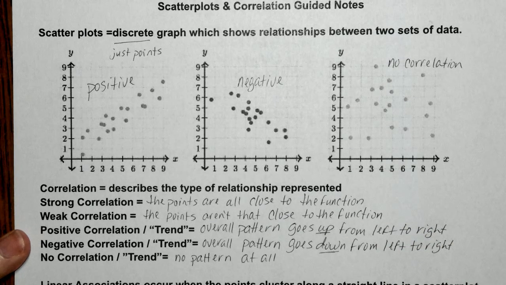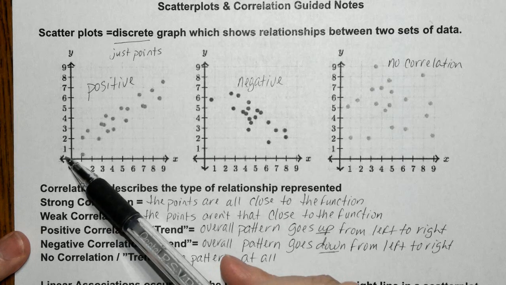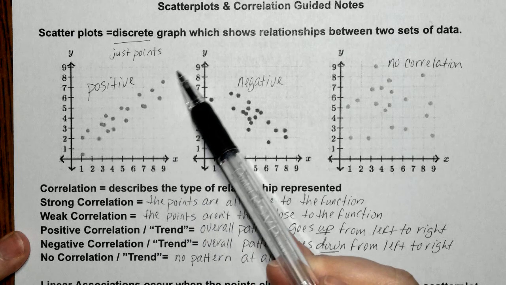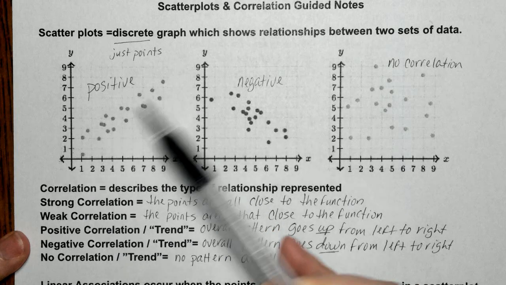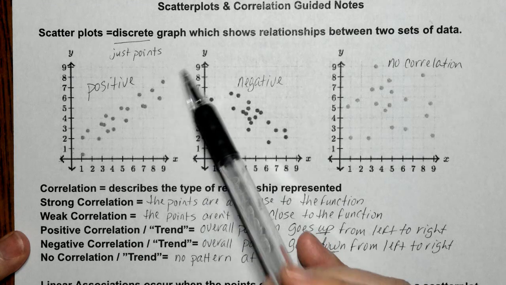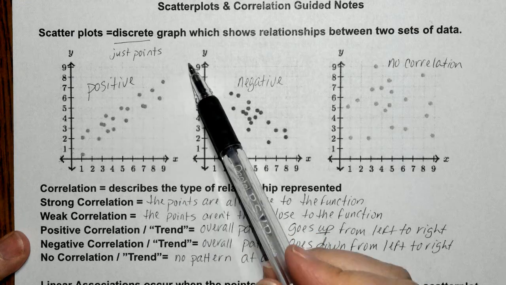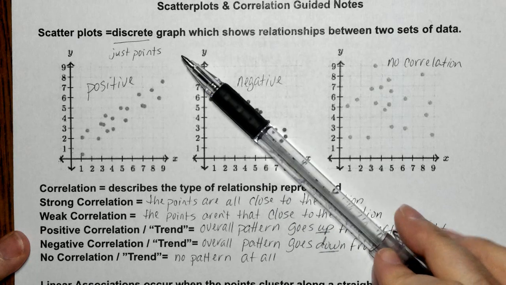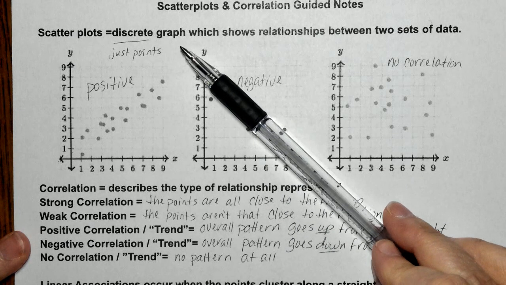So linear associations occur when the points cluster along a straight line. So like here, if my pen was a thicker pen, I could make one straight line that went through all the dots. It would have to be thick like a marker. These are pretty close to being in a straight line. Like my pen is straight, right?